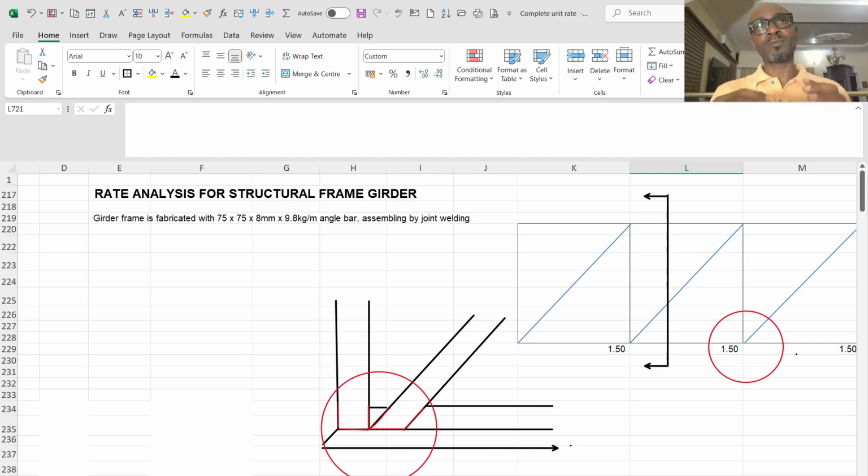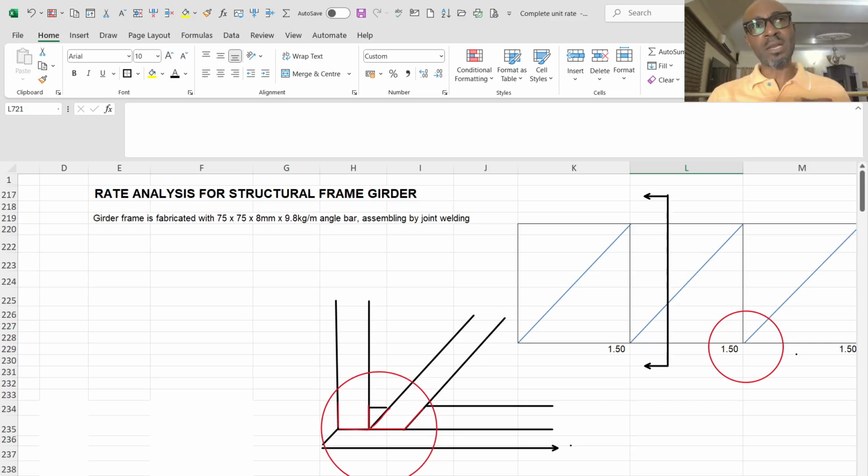The work of structural steel is divided into three stages. The first stage is the cost of the material and the cost of fabrication, including the cost of transporting this fabricated material to site.